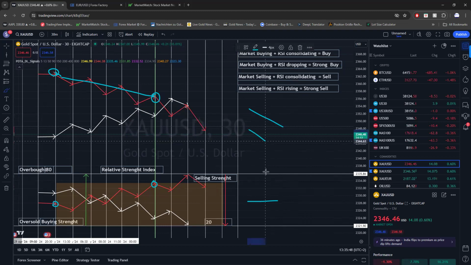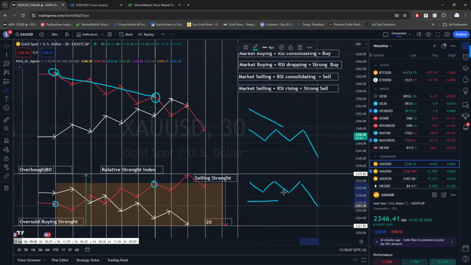You see the market going up, the market going down, the RSI is going down, the market is going up, the RSI goes back to the same level like it was before, market drops back to this previous low, RSI drops back to this same previous low, market goes up to this previous high, RSI goes up to this previous high, market comes down here, the RSI breaks also this level, market comes back to this previous low, the RSI comes back to this previous low. That is, the market is doing the same, the RSI is just copying the same thing. There, we do not trade. There, we see the market is normal.